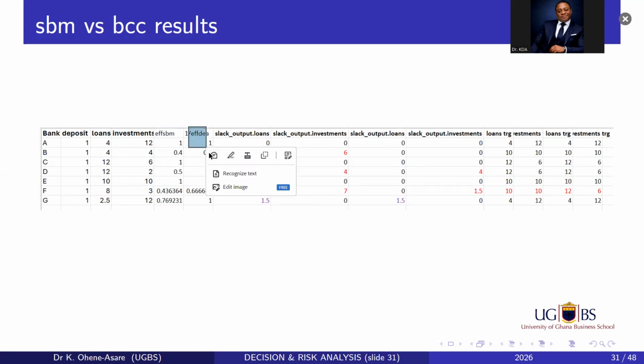Always take note. When it comes to the loan slacks and the investment slack, the first is the SBM, and then the second follows. Now, what do you see about the slacks between the SBM and the DEA? Total slacks, what do you see generally? There's an obvious thing.